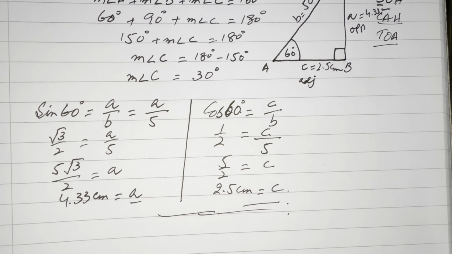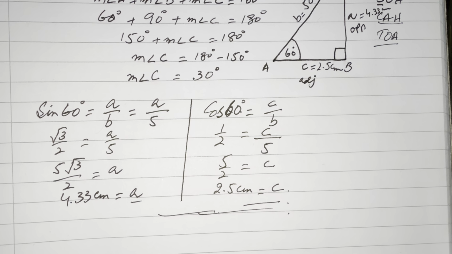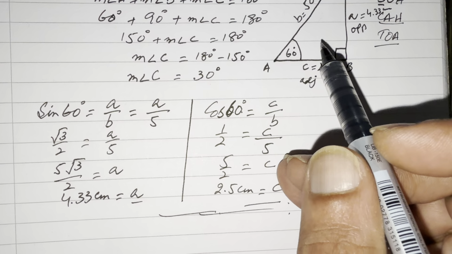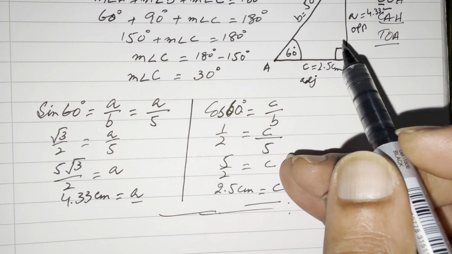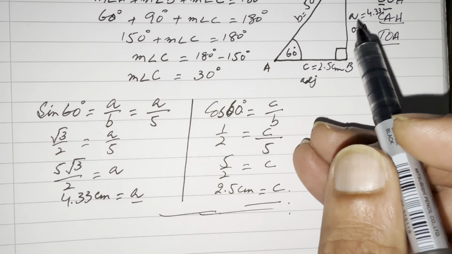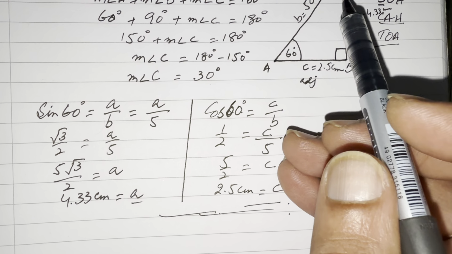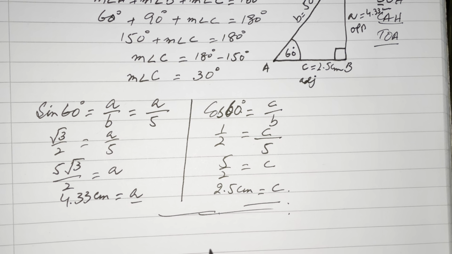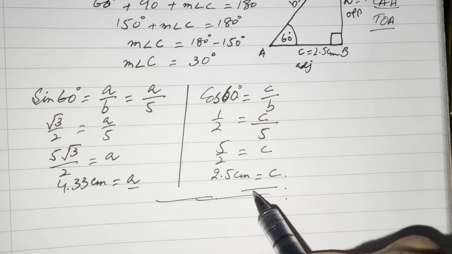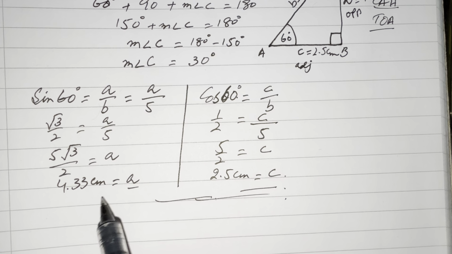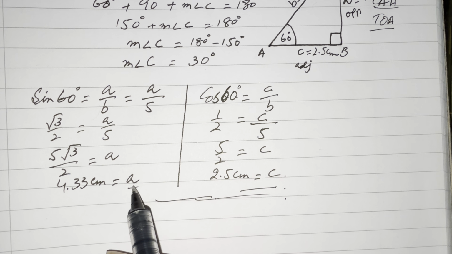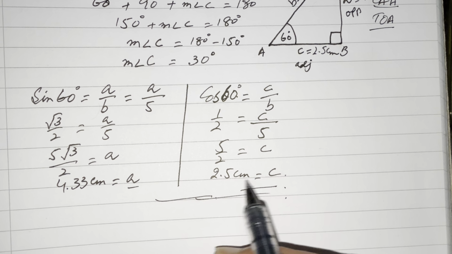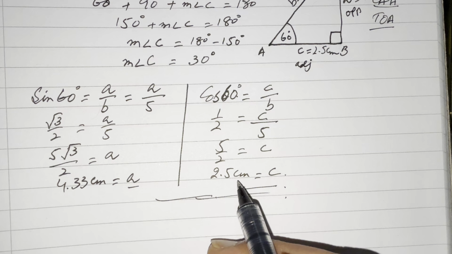That's the simplest and easiest way to find the lengths of the sides and the angles of a right angle triangle. So you can see that we have found the length of the opposite side A is equal to 4.33 and the length of the adjacent side is 2.5 centimeter.